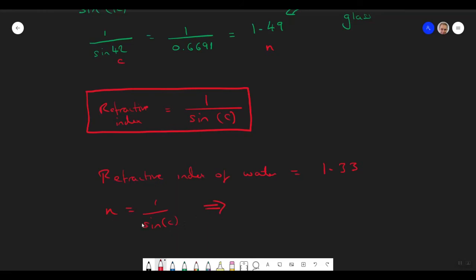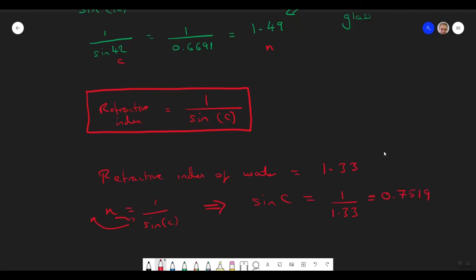We can rearrange that: sine c goes up and n goes down. So sine c is equal to 1 over 1.33, which is 0.7519.